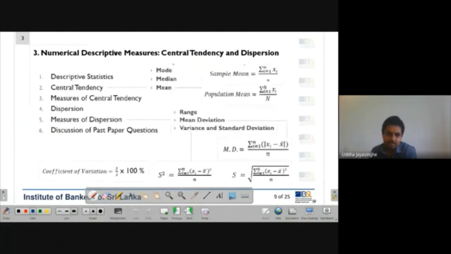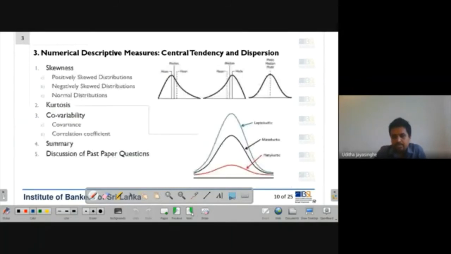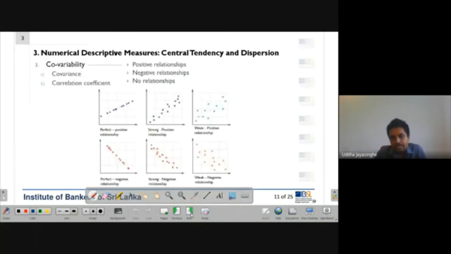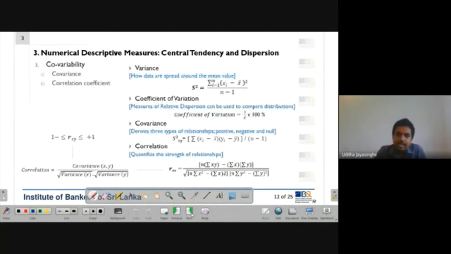On your own, try to come up with this summary of these numerical descriptive measures: mean, median, and mode, what they are, and what to be used in such instances, the nature of these curves, skewness, kurtosis, and lastly covariability, positive, negative. And this is the slide that I insisted on. The covariance, correlation coefficient, how to interpret these equations and what to be kept in mind.